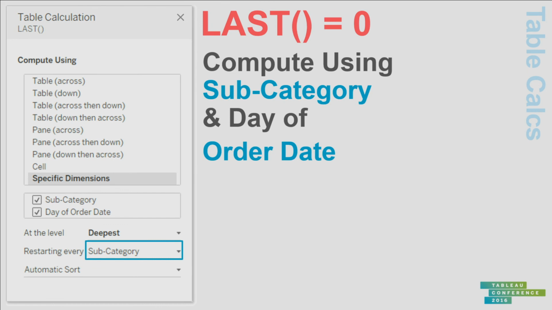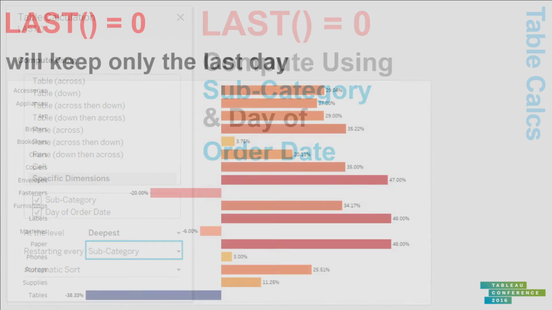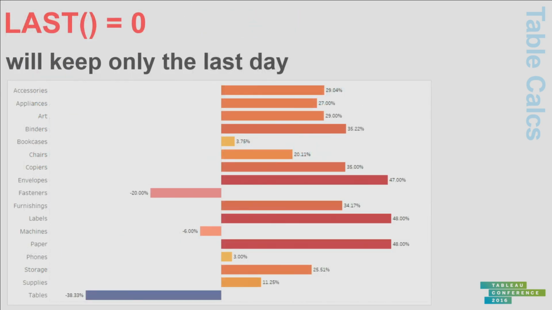The last day of purchase, it'll say last equals 0. For my next subcategory, it will restart that entire process. So my last equals 0 filter is going to correctly keep just the last day that a purchase was made for each of my subcategories. So it works correctly for the end user and for that view.